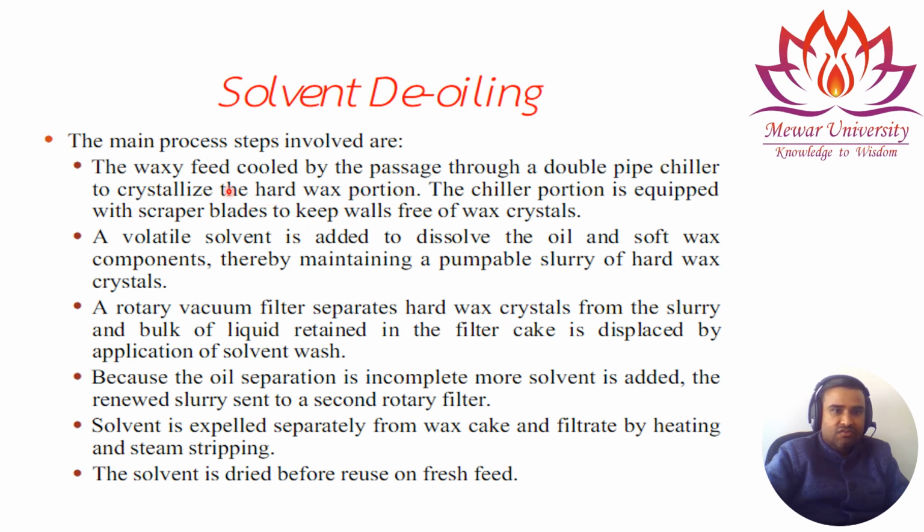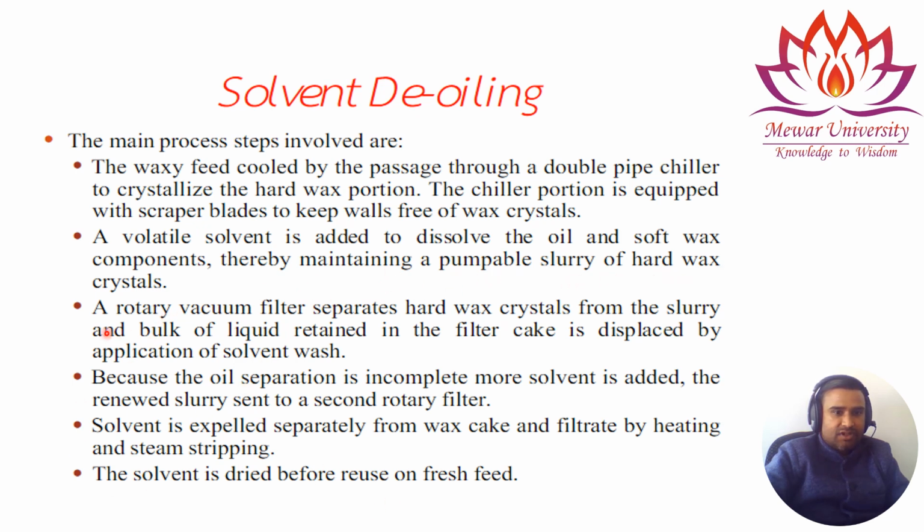Once the hard wax portion is crystallized, the chiller is equipped with a scraper blade to keep the wall free of wax crystal. Next, the volatile solvent is added to dissolve the oil and soft wax component, thereby maintaining a pumpable slurry of hard wax crystal.